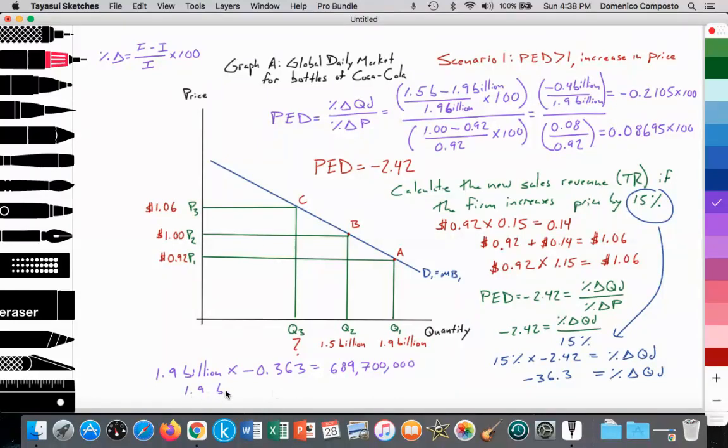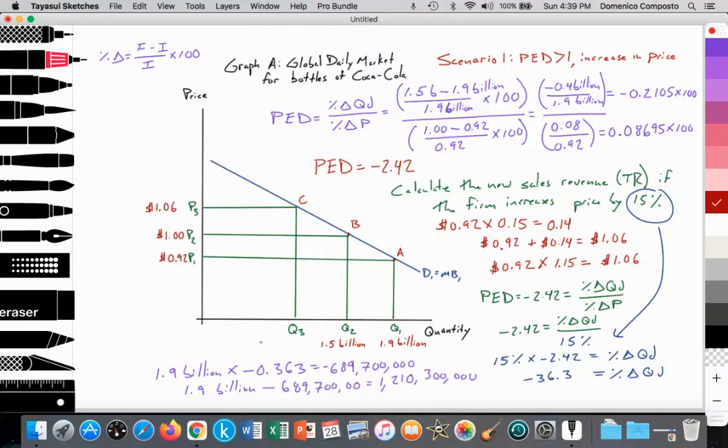So 1.9 billion minus 689,700,000 is equal to 1,210,300,000. And that is what Q3 is. So that's the value of Q3.